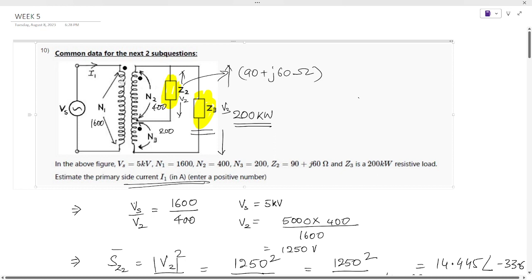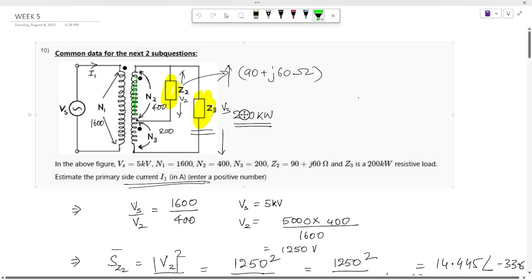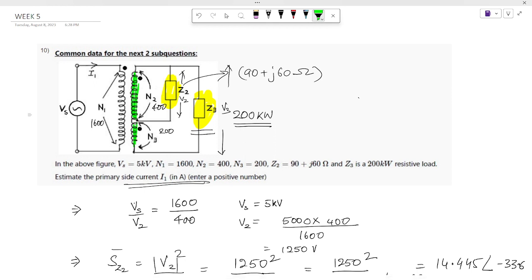We have been given an autotransformer with the following parameters: the input side voltage is 5 kV, the number of turns in N1 is 1600, the number of turns in N2 is 400 and the number of turns in N3 is 200.